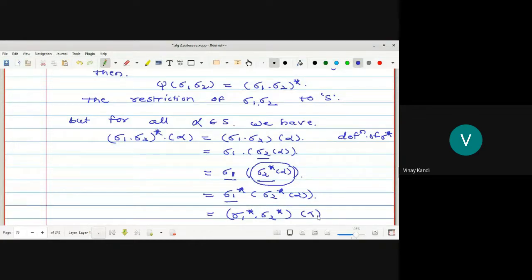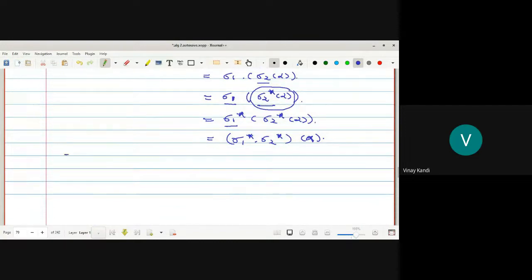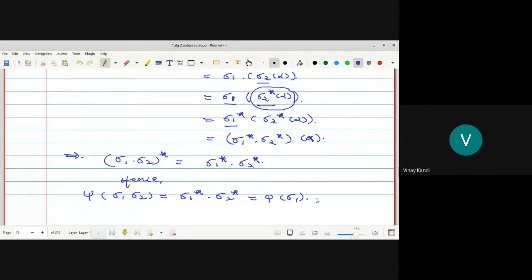This implies (sigma 1 sigma 2)* is equal to sigma 1 star sigma 2 star. Hence, we get psi of sigma 1 sigma 2 is equal to sigma 1 star sigma 2 star, which is equal to psi of sigma 1 times psi of sigma 2.